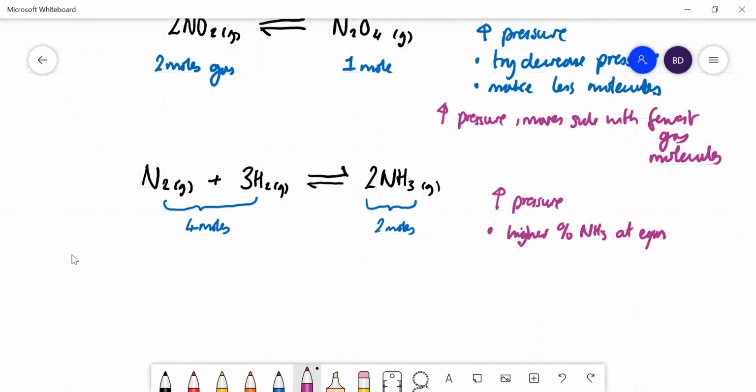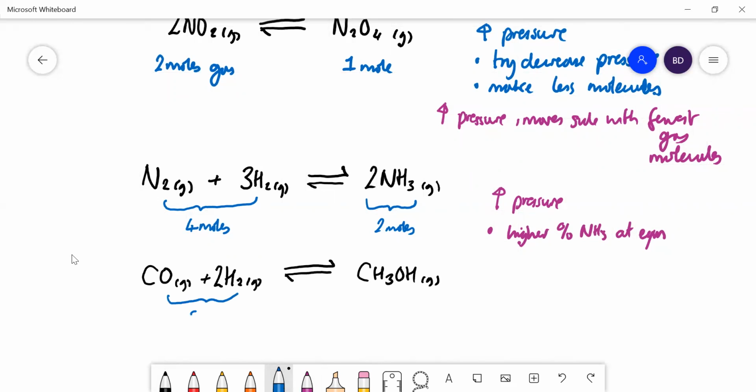Let's look at another one. This time we have carbon monoxide that reacts with hydrogen gas to form methanol gas. On the left-hand side of the equation, that's not balanced, so I need to put 2 in front of the hydrogen. Now on the left-hand side we have 1 mole of carbon monoxide and 2 moles of hydrogen, so 3 moles there, and on the right-hand side we've just got 1 mole.